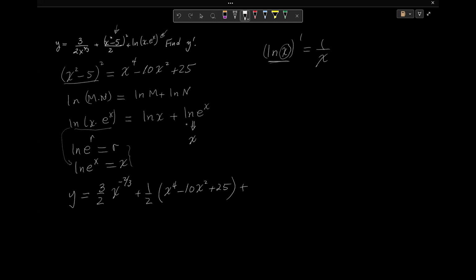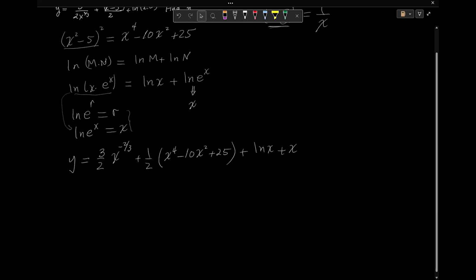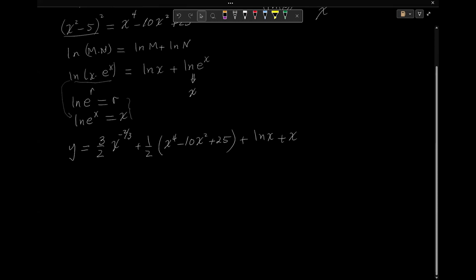So ln of x plus x. And now I can take derivatives. I have a lot of terms here. They're added and subtracted, so the derivative of the whole thing is the sum and difference of the individual derivatives.